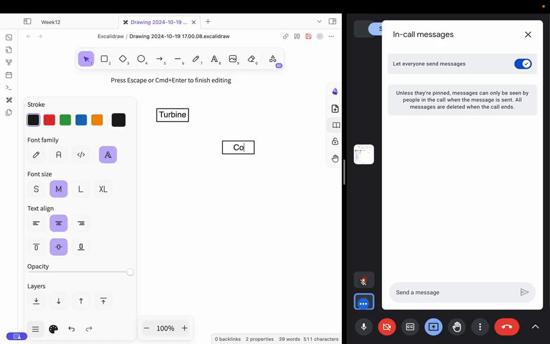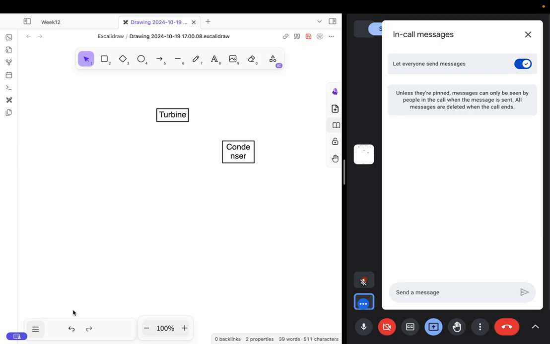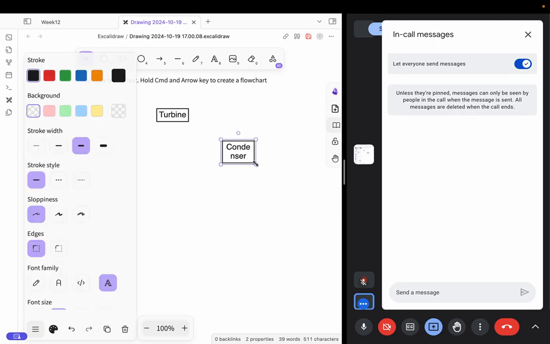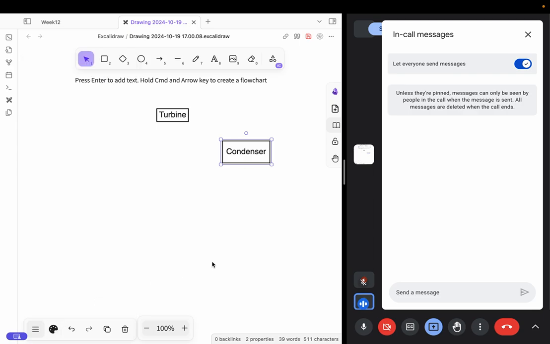Let's say this is my condenser. And from the condenser, what happens? It goes to the pump. Let's say I put my pump here. Previously when we were solving, this is your pump and then you have your boiler. This will be your boiler and everything will be connected with each other.